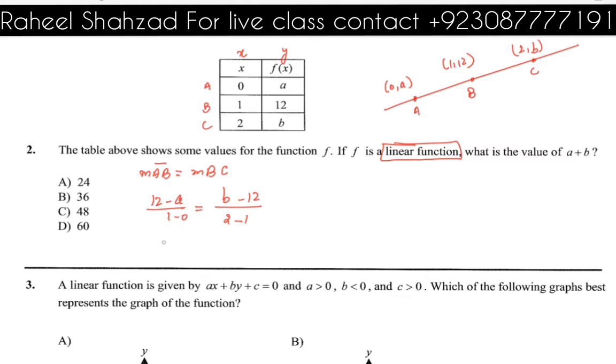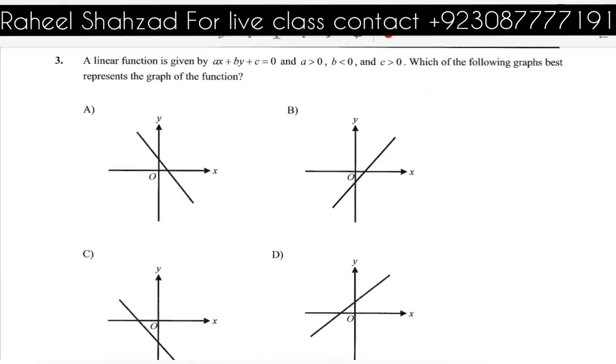So it's going to be 12 minus a is equal to b minus 12. When you rearrange it, it's 12 plus 12 is equal to a plus b, that makes it 24. In this question, they are asking for the value of a plus b. So in this case, this is 24. So A is my answer. Is that clear? Okay, let's move to the next part now.